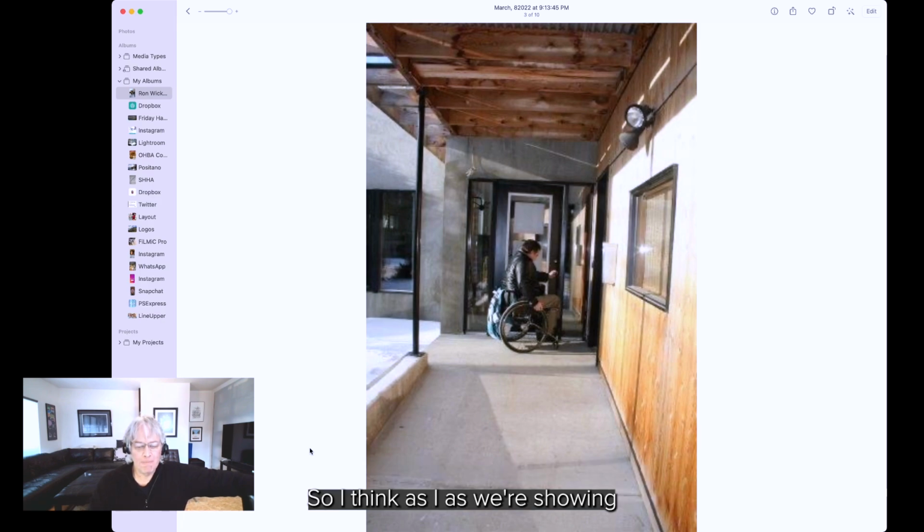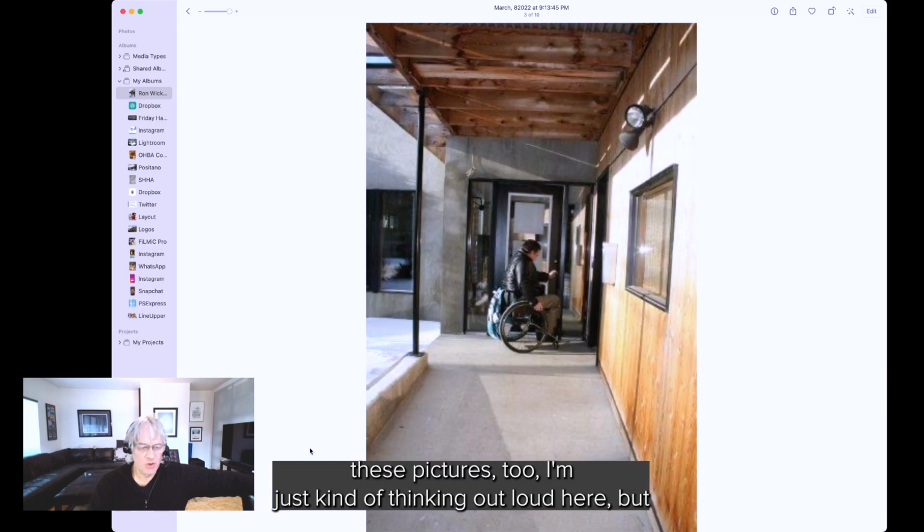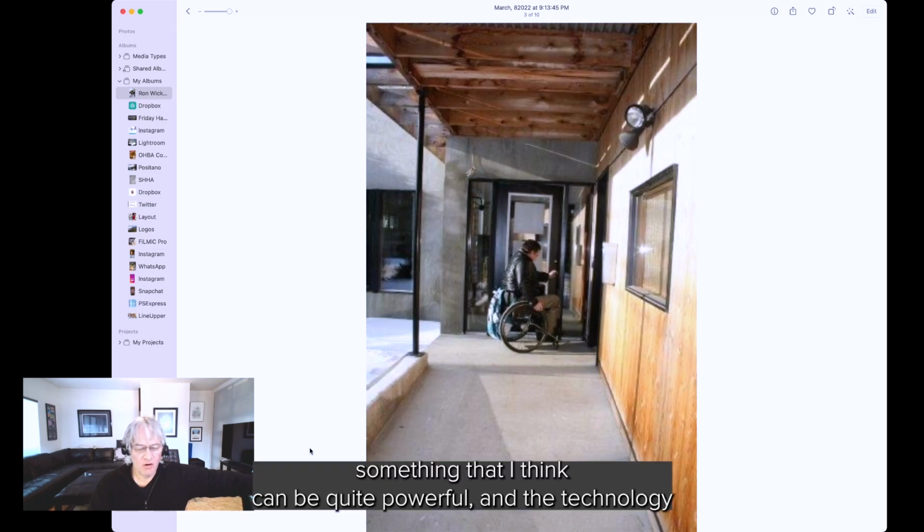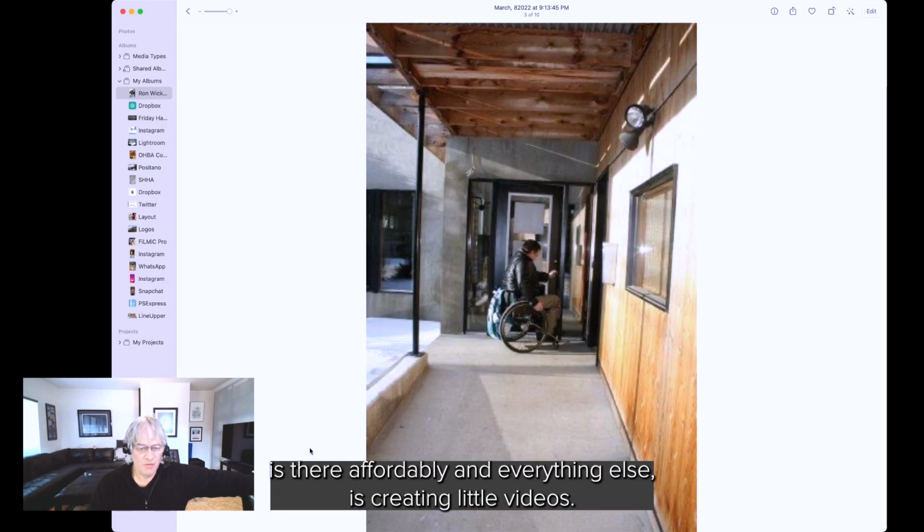As we're showing these pictures, I'm just thinking out loud here, but something I think can be quite powerful, and the technology is there affordably, is creating little videos.